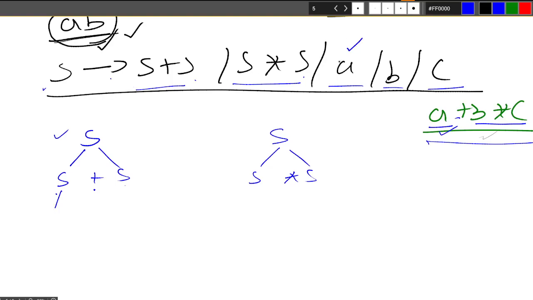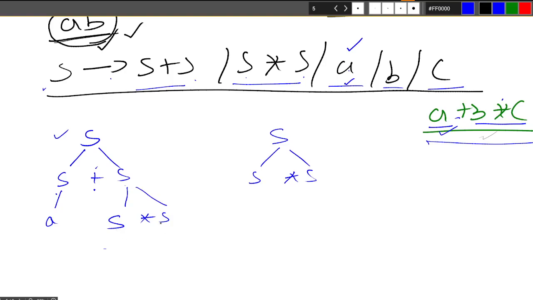This rule, S derives a, should be used, and this S should be replaced by terminal a, and this non-terminal S should be replaced by another rule. I believe since the plus symbol is already present, now a star symbol should be used. So S star S, you will get S star S.